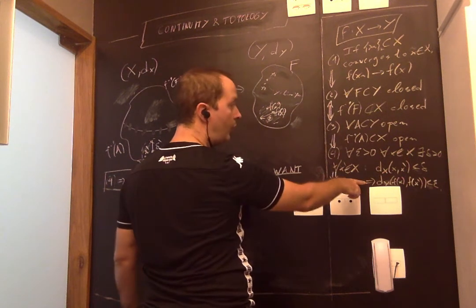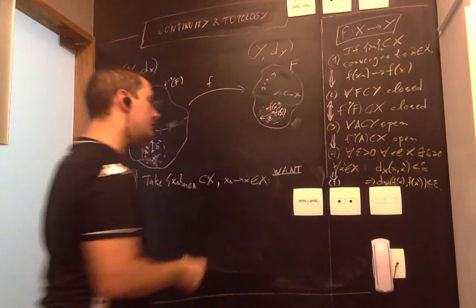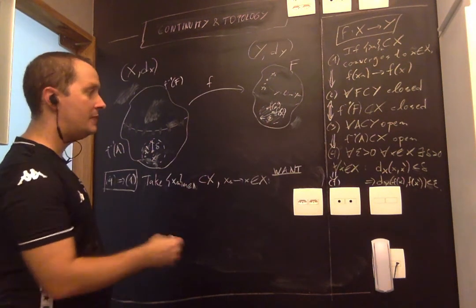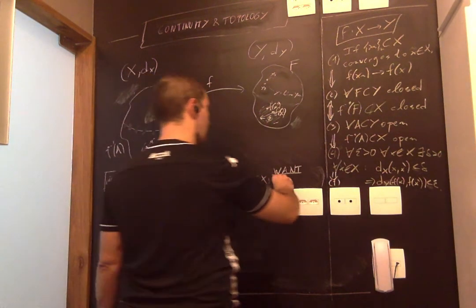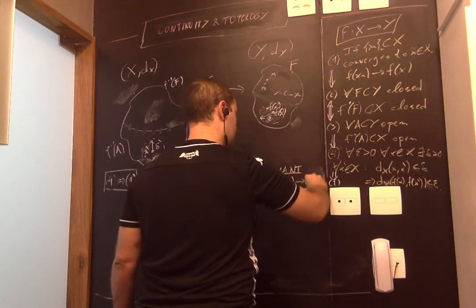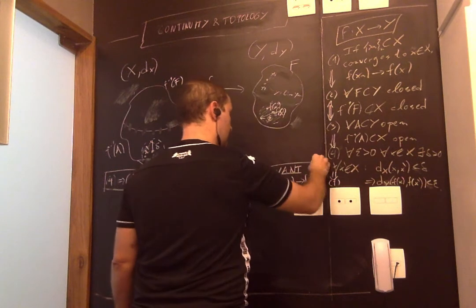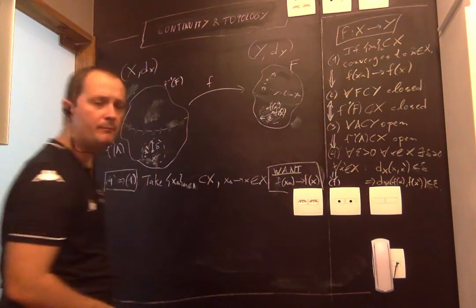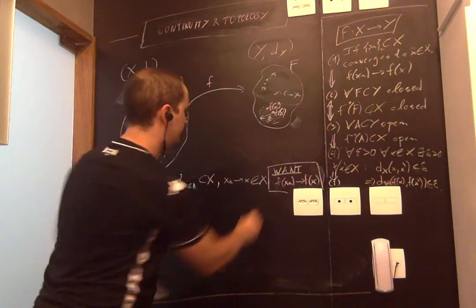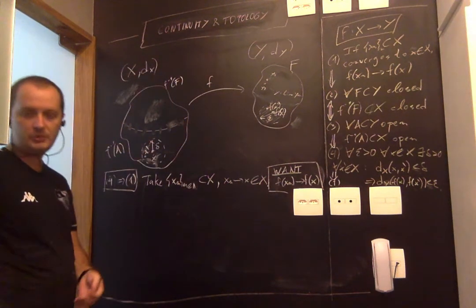So both 4 and 1, they don't use the concept of open or closed. They're just statements about the two metrics, right? So convergence in the two metrics. So this is what I want to prove. Good. Okay, how do we do it?